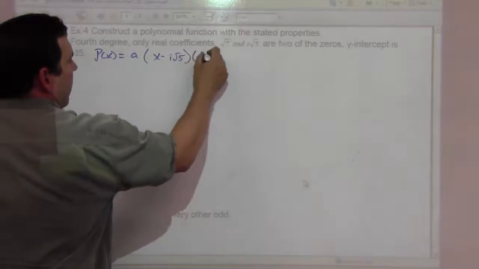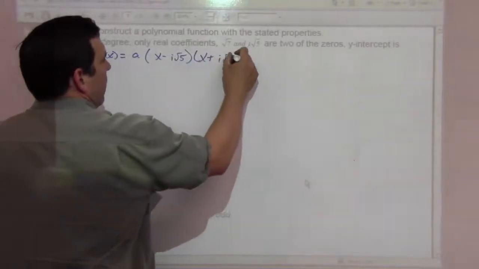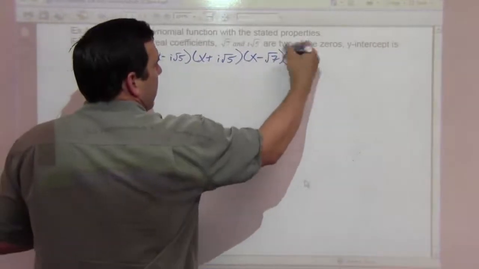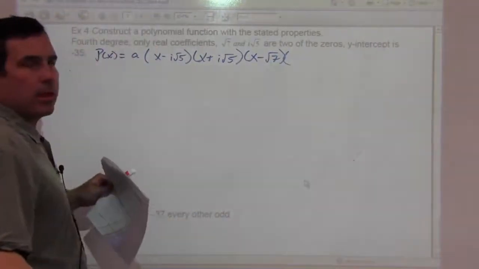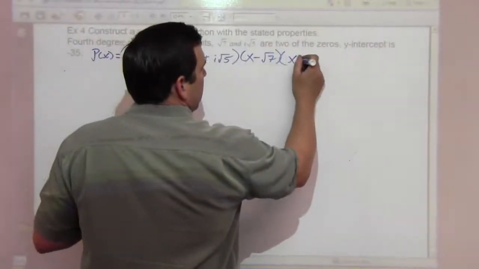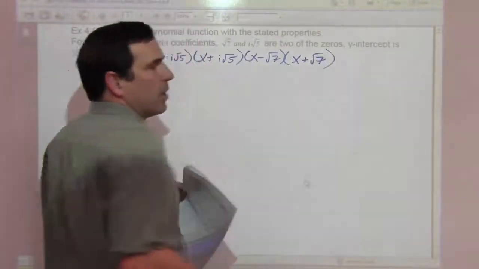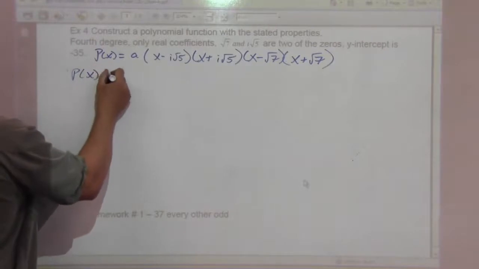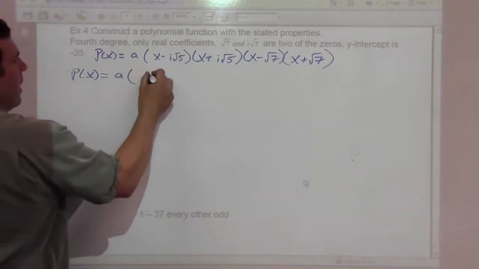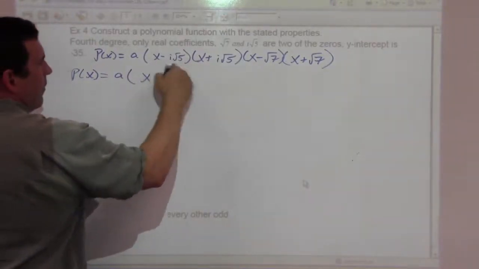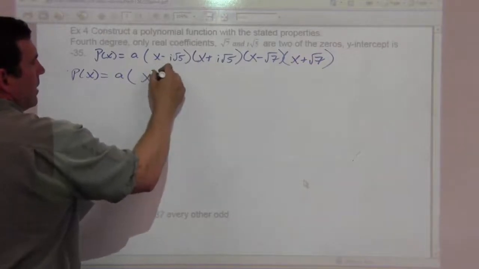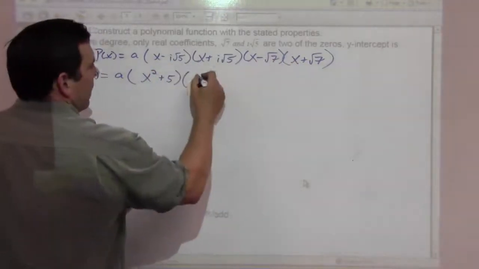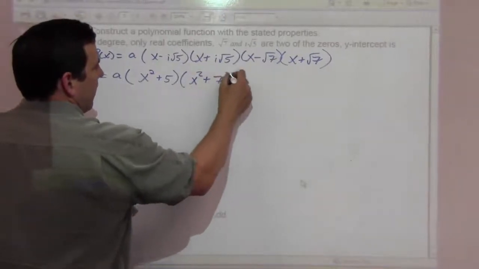we have x minus i root 5. That means we're going to have x plus i root 5. We know we have x minus the square root of 7. It doesn't restrict us with anything, so I'm going to give us x plus the square root of 7 just to try to get rid of some of these radicals. So P of x is looking like a times x squared plus 5, if you FOIL this out, times x squared minus 7, FOIL that out.